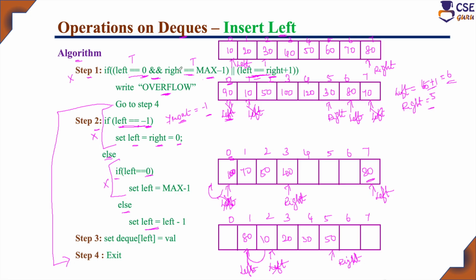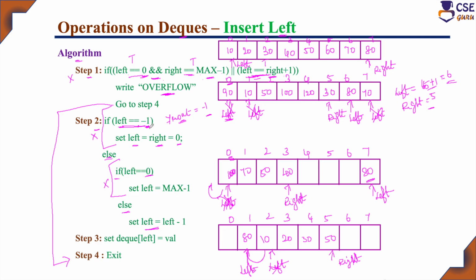If left is equal to 0 and right is equal to max minus 1, the DQ data structure is full, or if left is equal to right plus 1, the DQ data structure is full. In this case, you cannot perform the insert operation; just print the overflow condition and exit. Next, if left is equal to minus 1, DQ is empty, and the element you are going to insert is the first element.